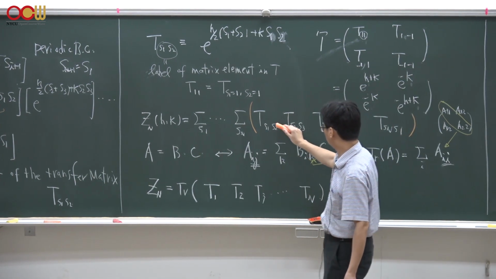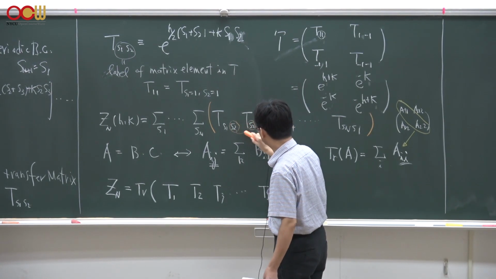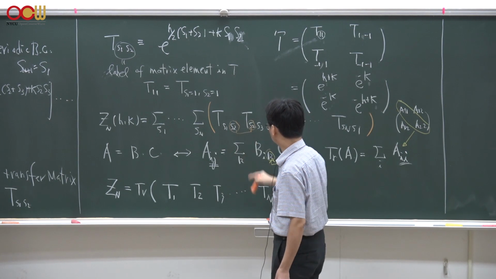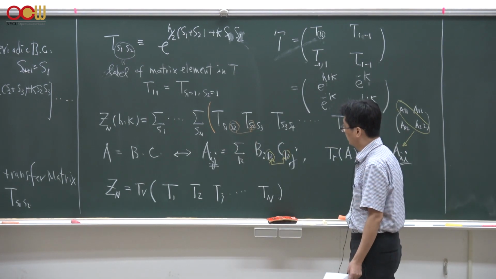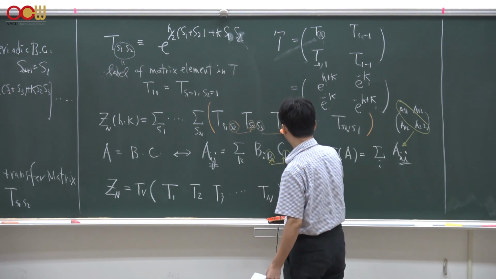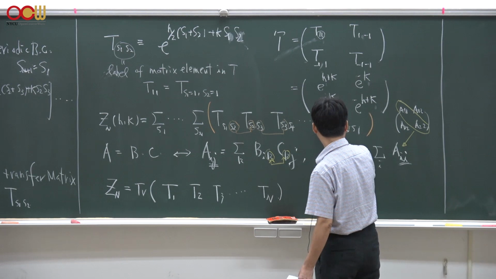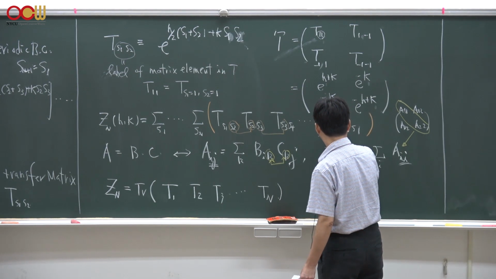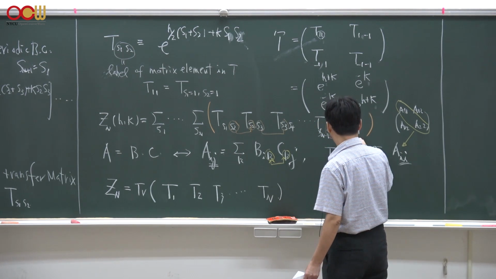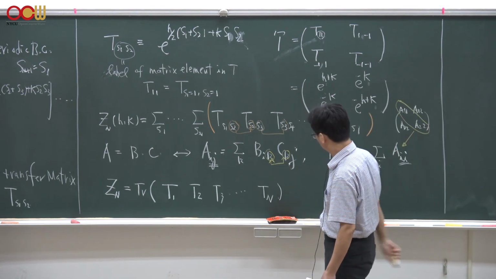For example, this is simply a sum over the dummy variable s2, which represents the matrix product between the first transfer matrix and the second. So we keep multiplying the matrices together until we have this last one, T(s_{n-1}, s_n), summing over all dummy variables, the intermediate indices.